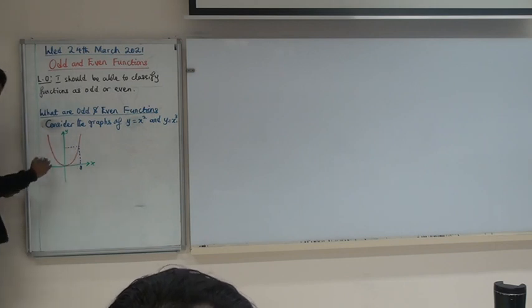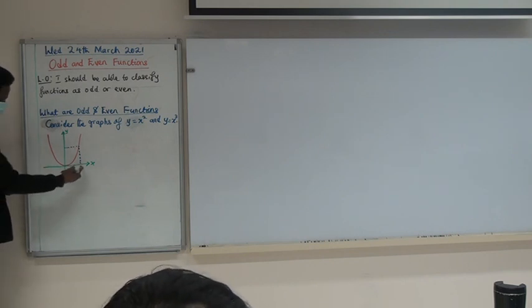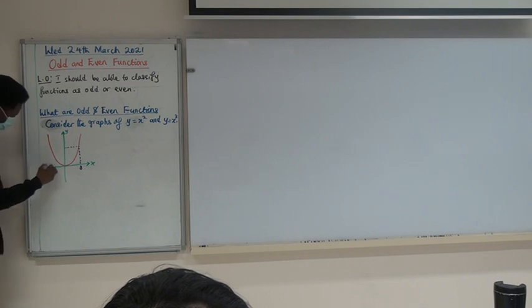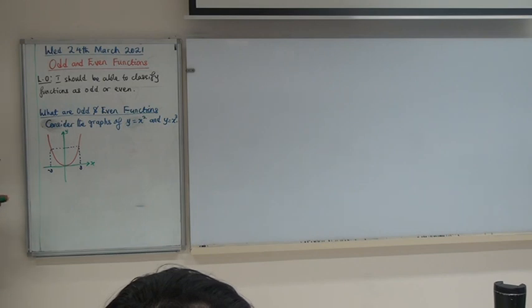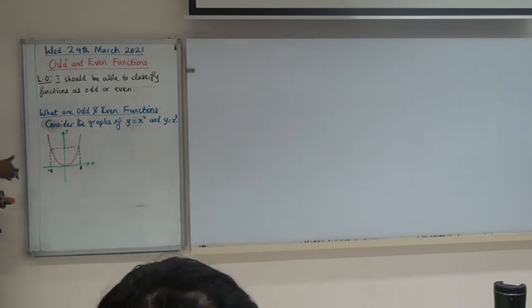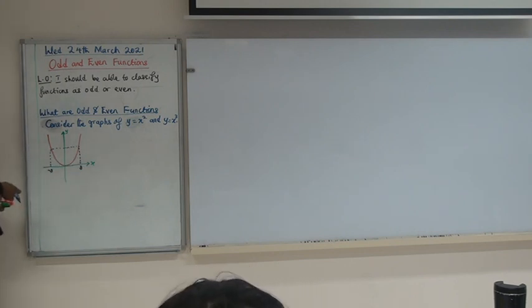But there's a mirror as a result of this line of symmetry. The mirror of this will be where? Negative 3. And we expect to get the same, 9. This works for all values you pick here and here. The positive and the negative give you the same thing.